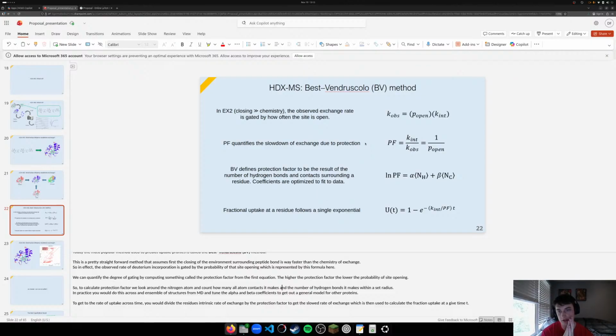They could ask me what EX1 is, which I think I could explain pretty easily. EX1 is when the chemistry is faster than the rate of closing. So instead of a unimodal isotopic envelope, it'd be bimodal, where one population would decrease and the other one would increase, rather than a smooth transition between the two.